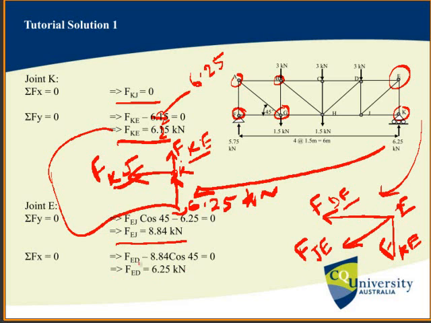In that case, we will get FDE minus 8.84, that means FEJ cos 45. This is for the horizontal component of the forces FJE. After calculating that, we got the value of force FDE 6.25.